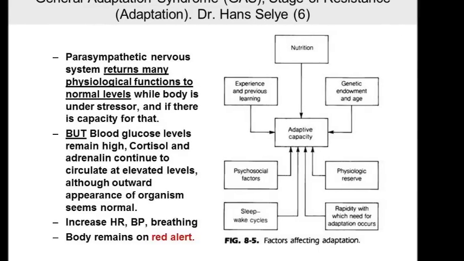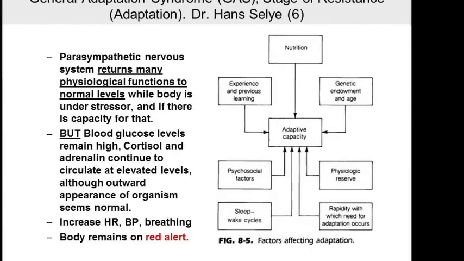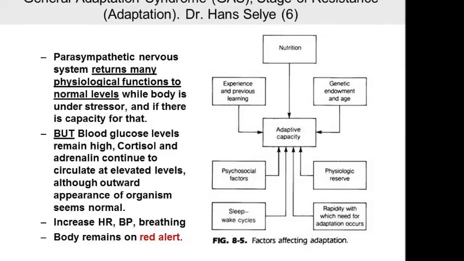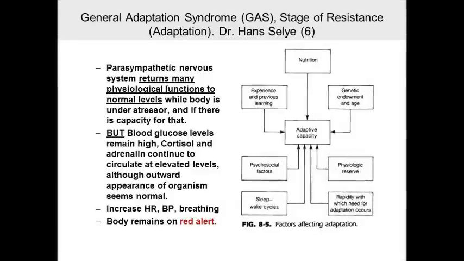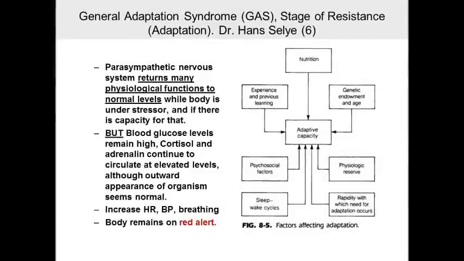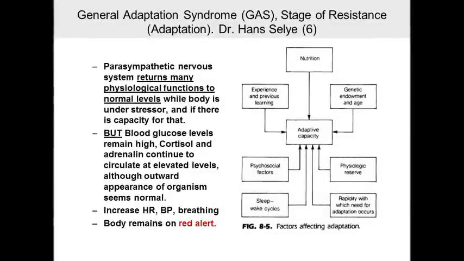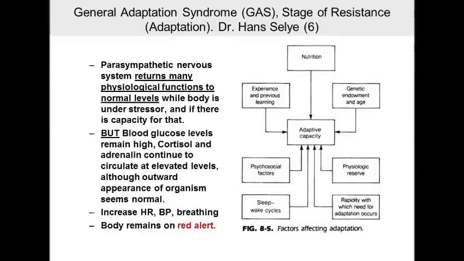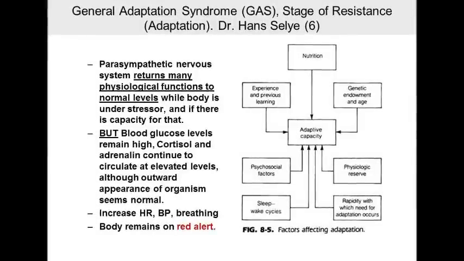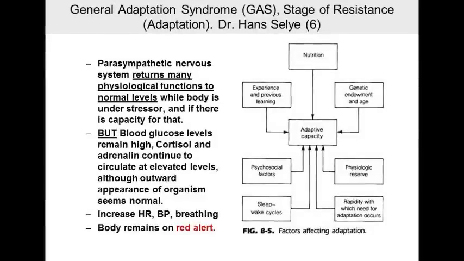But it means the person went into the other stage, of resistance. Because if all those symptoms go and he's absolutely fine, his blood sugar normal, his heart rate normal, okay, the problem is gone.